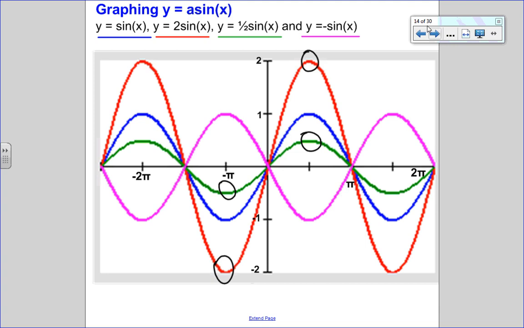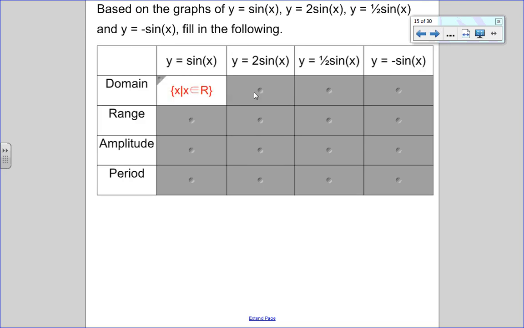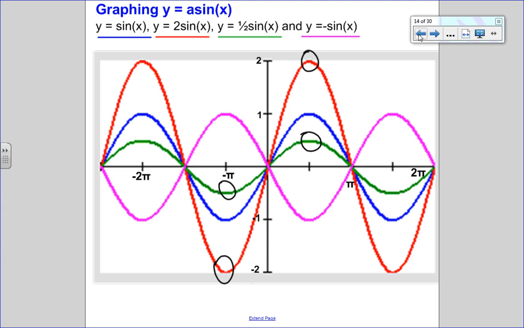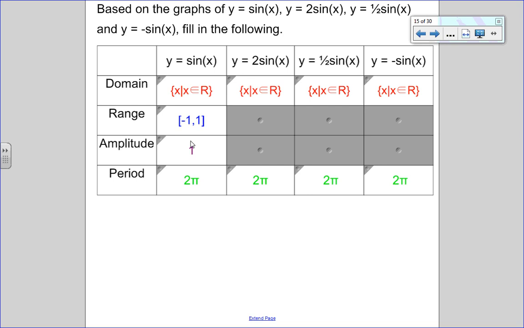So let's go and look at that table. Again, the domain for all of these is remaining unchanged, as is the period. So it doesn't look like that a value is affecting any of those. The range: my base function for sine went from -1 to 1. Amplitude is the distance from the midline to the max, so that is also an amplitude of 1.